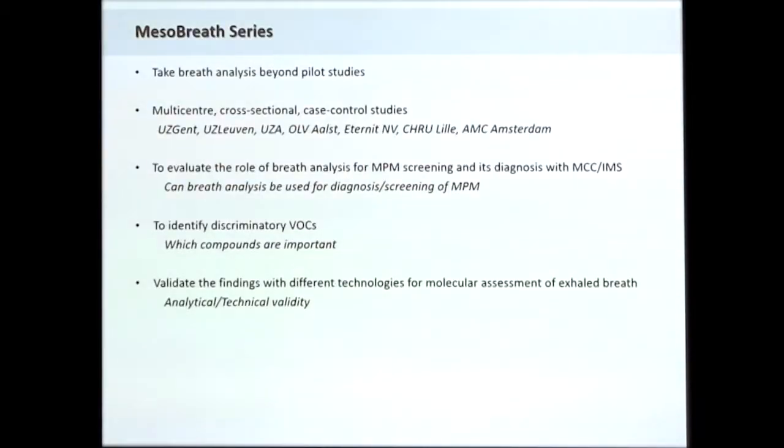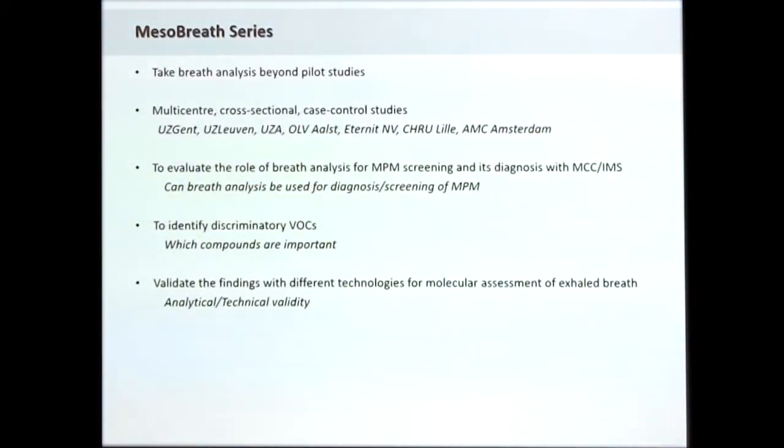Now, why this technique? This technique combines the benefits of the gas chromatography technique with electronic nose sensor technology, so that it allows a pseudo-identification of the compounds. And it's really much cheaper than a GCMS analysis. So that was the first thing. Does it work?